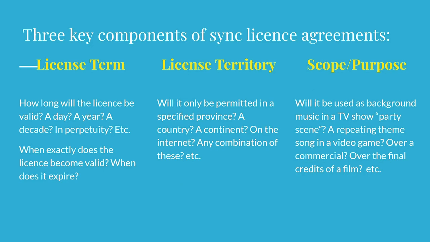For example, if an independent feature film is being produced in Canada, they might want to clear the rights for Canada for many media, so TV, video on demand, internet, for Canada only, but they might want to distribute the film in film festivals throughout the world.